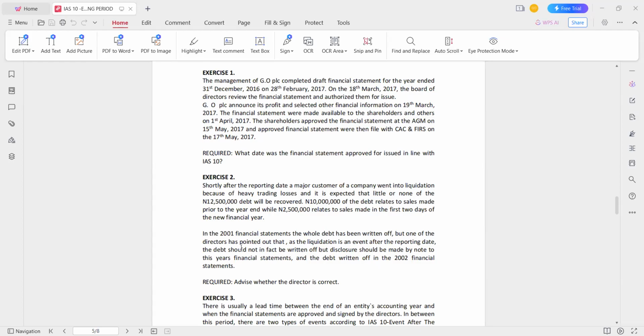Bad debts are actually adjustable, so you can adjust it after the reporting period as an adjustable event. Because 10 million relates to the reporting period, while 2.5 million relates to the first 2 days of the financial year, I think that allowances should be made for the 10 million naira in the 2001 FS.